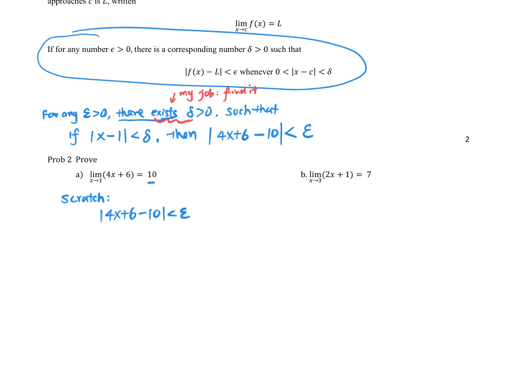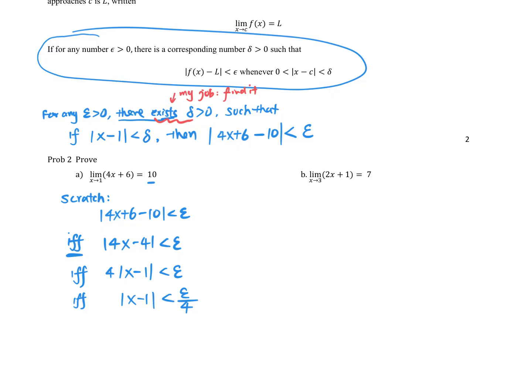So the following two are equivalent: this happens if and only if this happens. If and only if is the math language. This is equivalent to the following: 4 times the absolute value of x minus 1 is less than epsilon, if and only if the absolute value of x minus 1 is less than epsilon over 4.